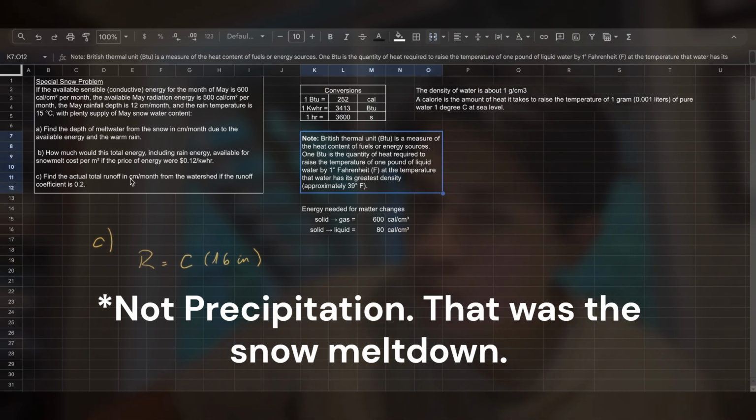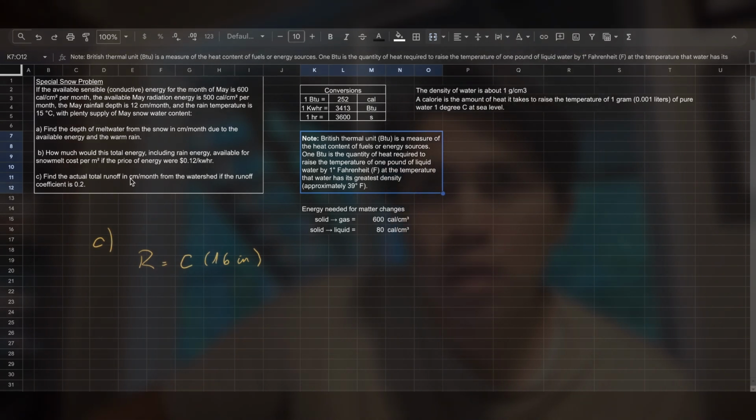If we wanted the runoff as a volume, in cubic centimeters or cubic meters, we would multiply it by the area. But since in this question they're asking us for centimeters per month only, we don't need to multiply it by the area.